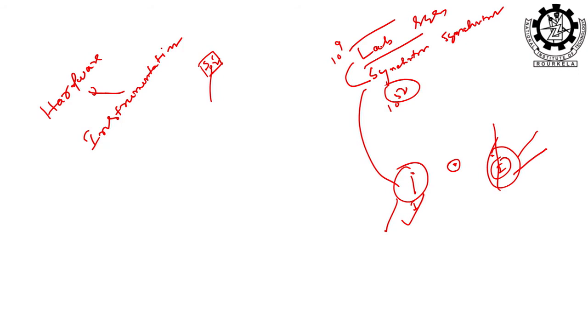Lab source can give you the information to some extent, but not completely, but synchrotron can do everything whatever you want. No information is missed if you are doing with synchrotron. You may miss some of the information if you are doing with lab, but cannot with synchrotron. That is why people are going for synchrotron radiation. It is the much more powerful source available across the globe.